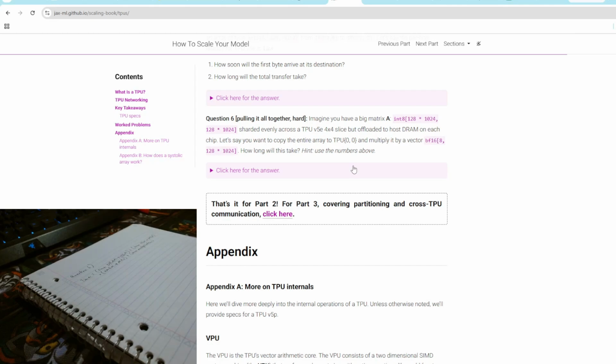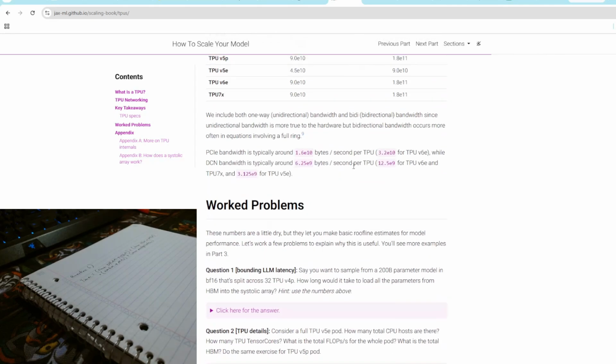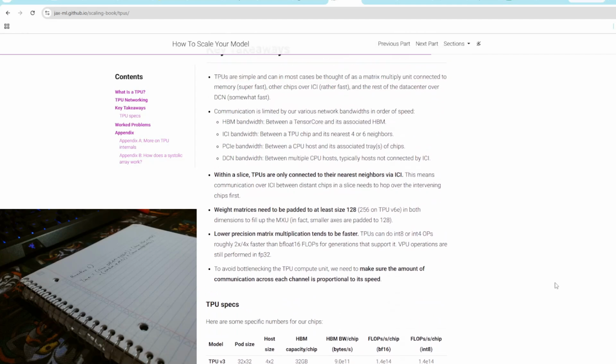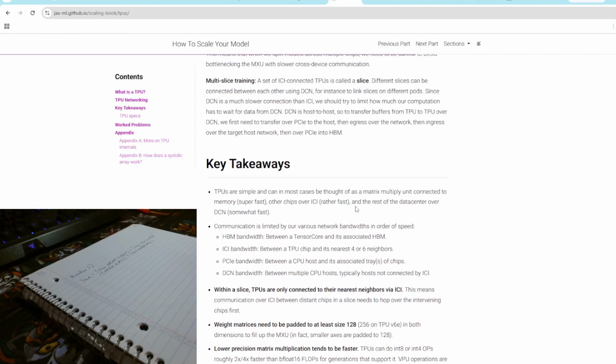So first, time from the DRAM to HBM. Let's see if they have that somewhere. So it should be DCN, right? Where's PCIe?